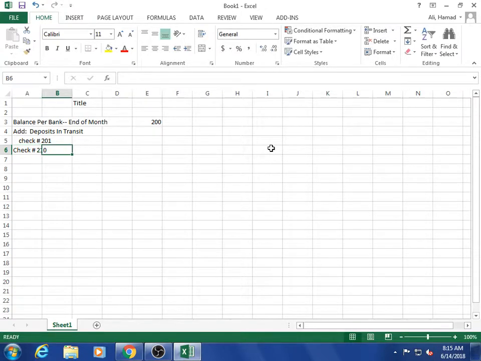They have not been added yet, and again, it's not necessarily checks. There could be some other funds that you have deposited and they have not shown up. So this one is $50, and this one is $35. So the deposits in transit are $85.